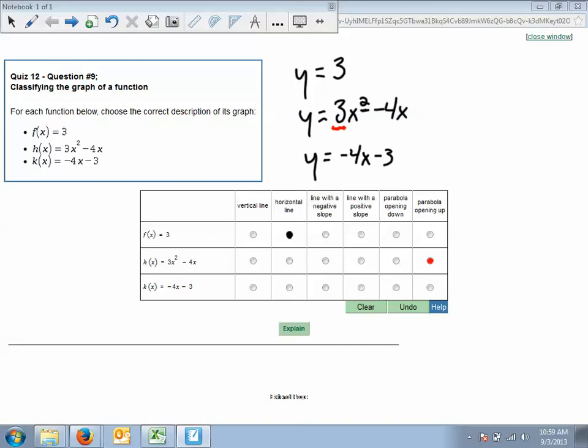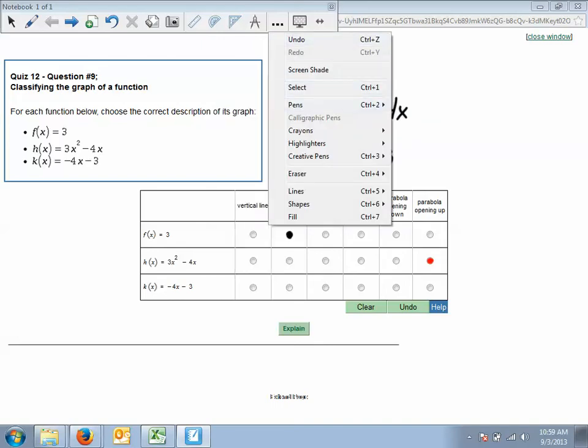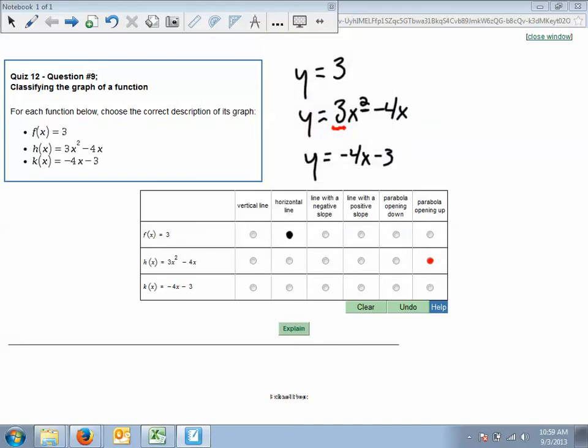We can automatically eliminate vertical line and horizontal line because this linear function actually has an x term. Vertical and horizontal lines are just a y equals or an x equals with only one variable in it. And so this has an x and a y, so it's going to be either a line with a negative slope or a line with a positive slope.